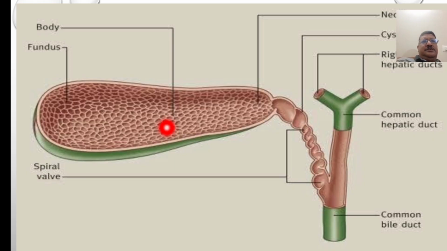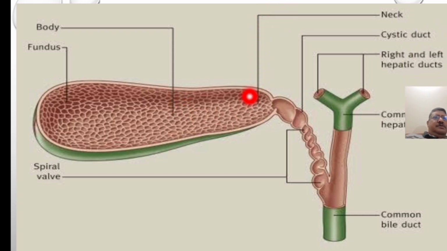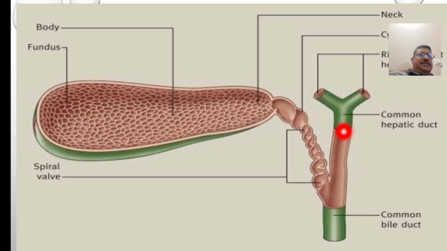So this is fundus, this is body, this one is neck, this is cystic duct, this is right and left hepatic duct. Then after that this is common hepatic duct, this one is common bile duct. Then after that this one is spiral valve.